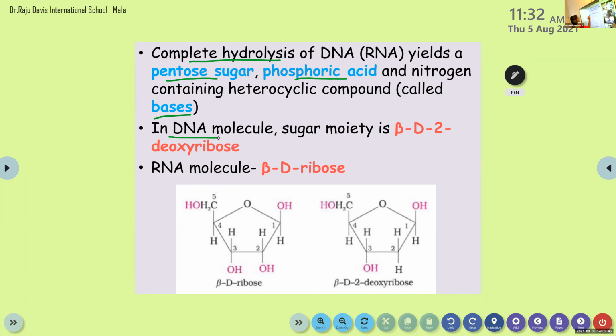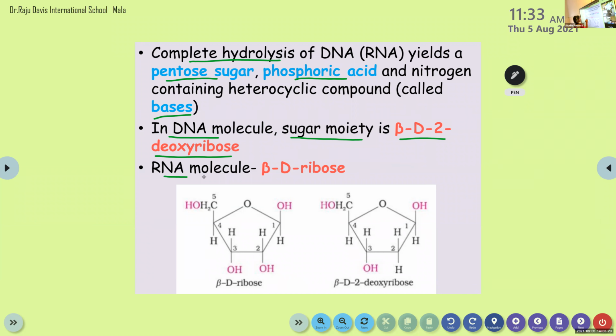And in the case of DNA, there is one pentose sugar in its structure. This sugar moiety, the pentose sugar present in DNA, is known as beta D2 deoxyribose. You have to remember the complete name of DNA, deoxyribonucleic acid. So the sugar present in DNA is beta D2 deoxyribose.